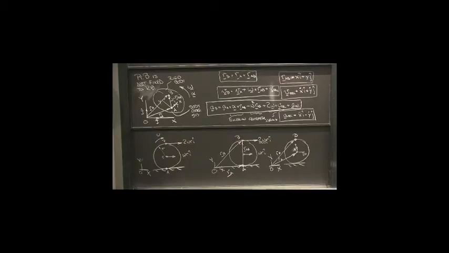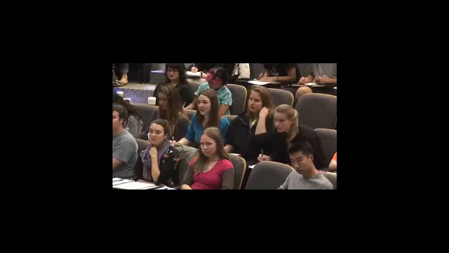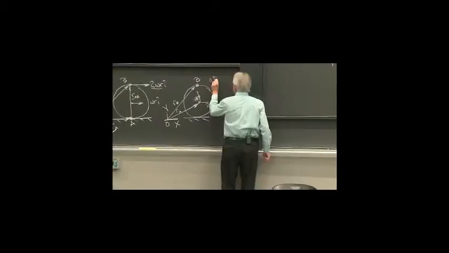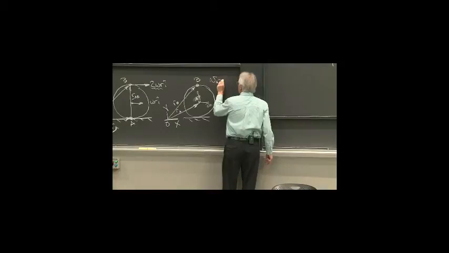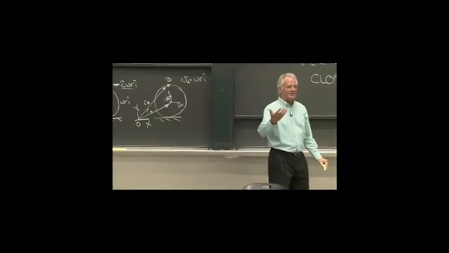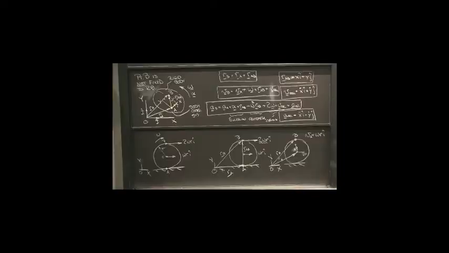V sub A is 0 as before? No. What is it? Omega r. Exactly. Now V sub A is not 0. It is in fact omega r times I. And how about VREL? You got a VREL problem?